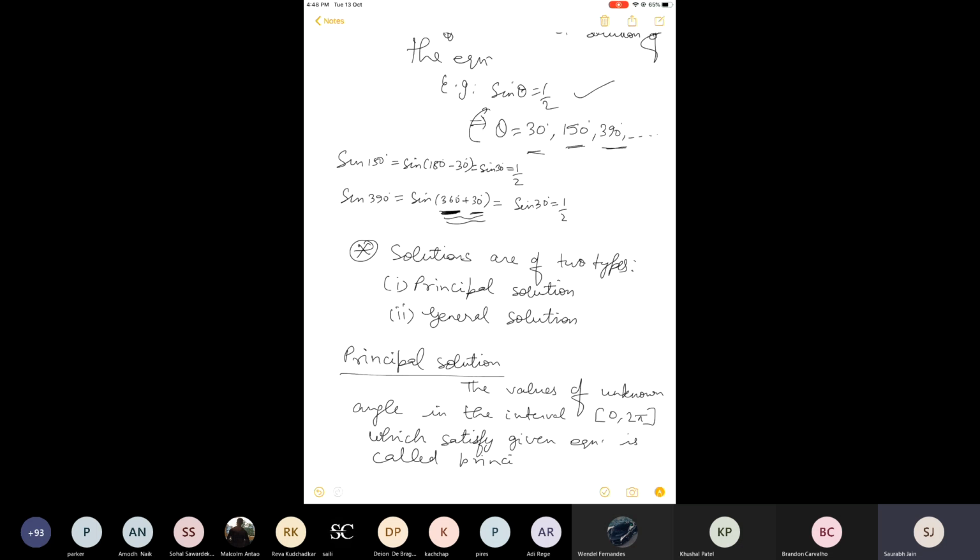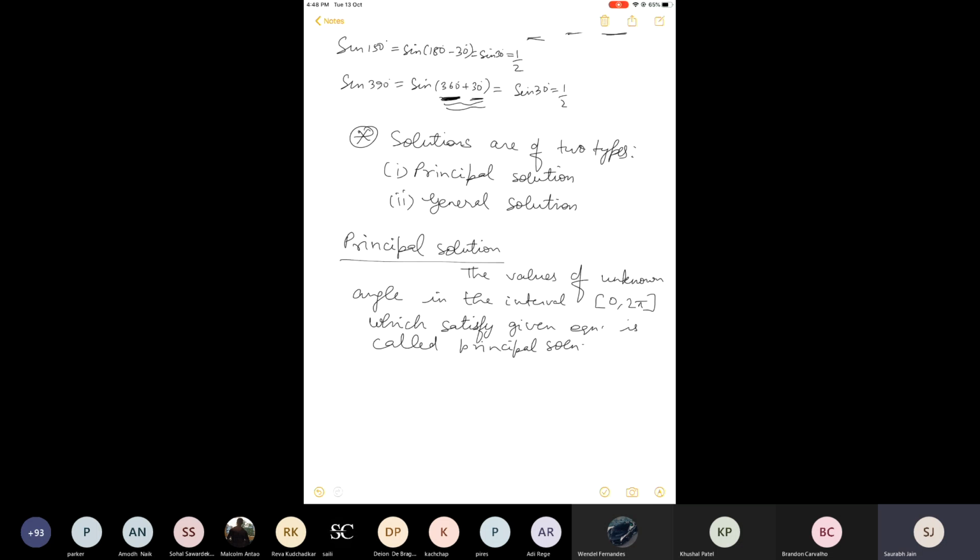Simple definition. You will have a look at the equation and then, using trigonometry, you will find the angles in the first, second, third and fourth quadrant, that is a complete round, which satisfy the given equation. So I am going to write a few equations first.